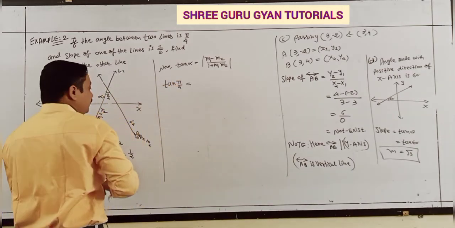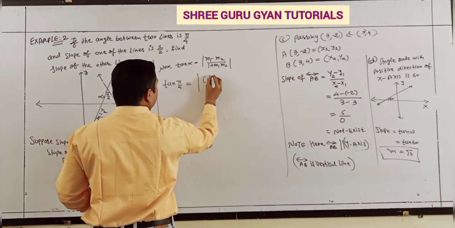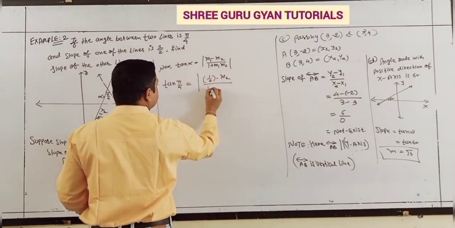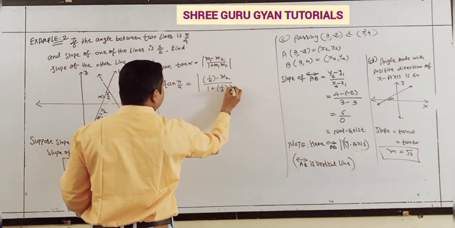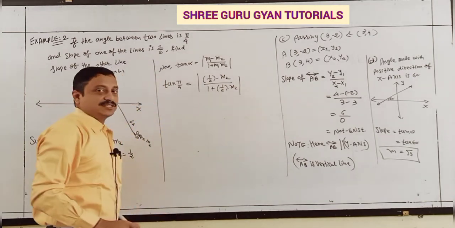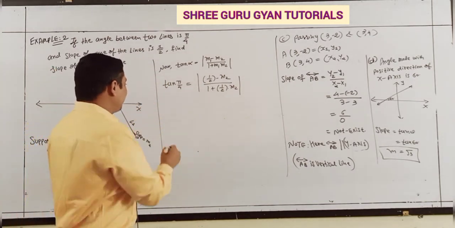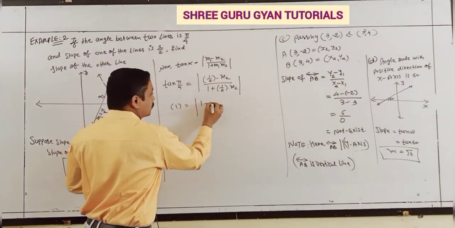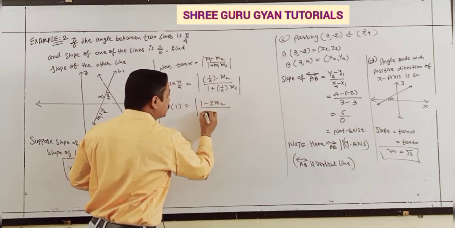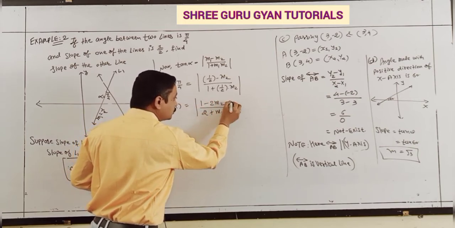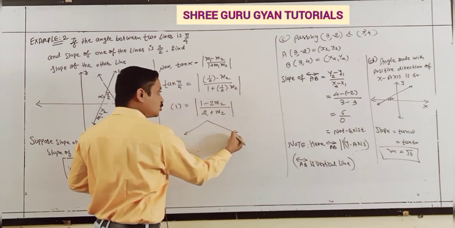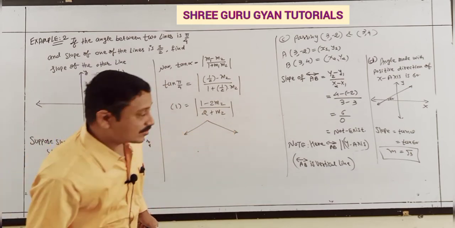Here m1 is half, and m2 the same, so you can easily create the solution. Tan 45 is 1, so 1 equals (1 minus 2 m2) upon (2 plus m2). Here we get one positive case and one negative case.